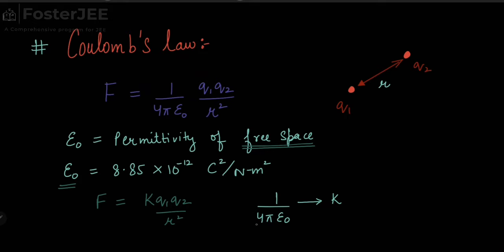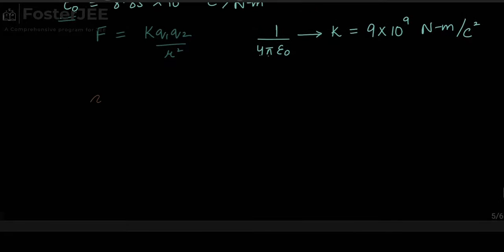Because after putting the value of 4 pi and epsilon naught in this expression, the value of K comes out to be very simple and easy to remember as 9 into 10 to the power 9 Newton meter square by Coulomb square. Hence, from now on, we will write force F is equal to K Q1 Q2 upon R square, where K is 9 into 10 to the power of 9 Newton meter square by Coulomb square.